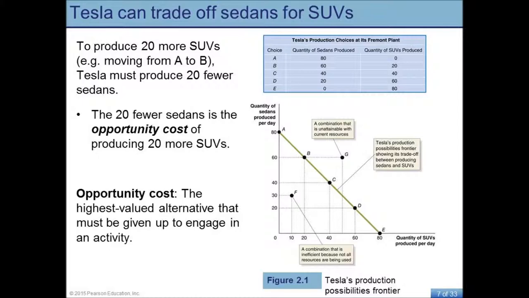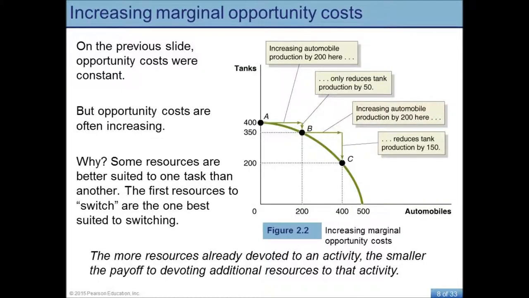So if we go to the next graph, we're going to see what happens in a non-constant situation. And now we have a bowed or curved graph where point A is 400 tanks and no automobiles, but point B is 350 tanks and 200 automobiles.